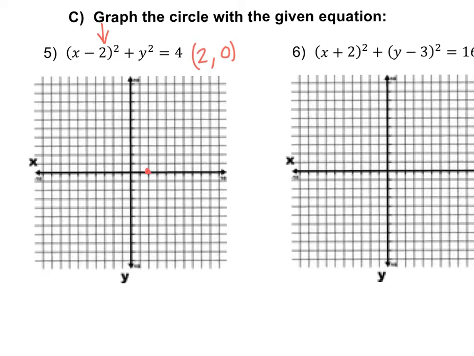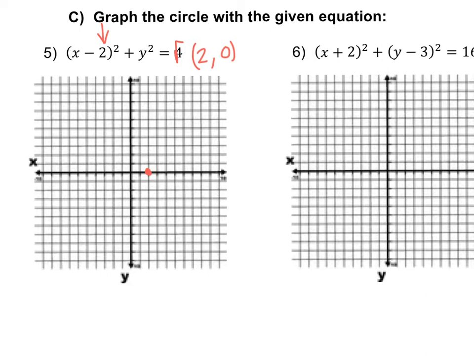It's right there. And our radius, remember that this value was r squared. So to actually find your radius given the equation, you have to take the square root of this, because it was r squared that got it to be 4. So the square root of 4 is 2.